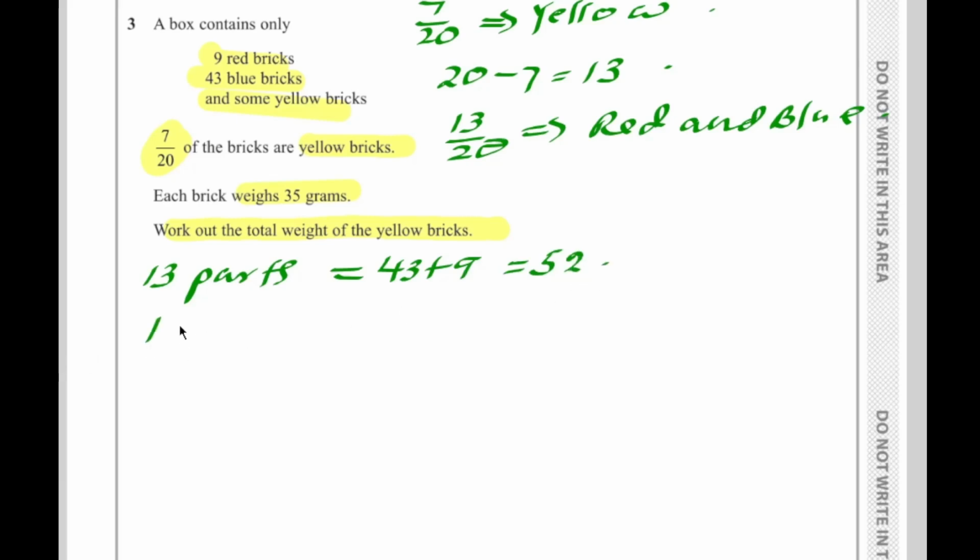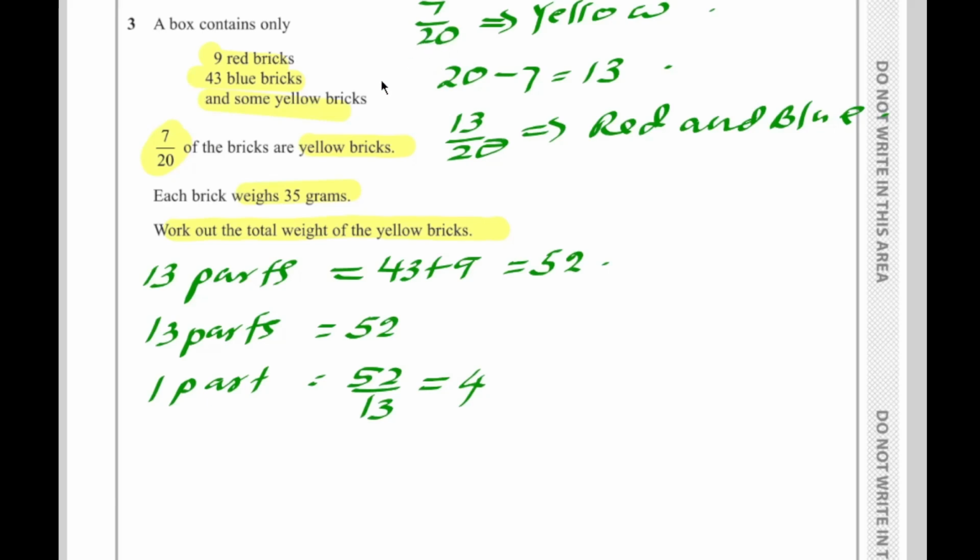Then I know that 13 parts equals 52. Then let's get one part. One part represents 52 divided by 13 equals 4. Then I know that one part out of this 20 represents 4 bricks.